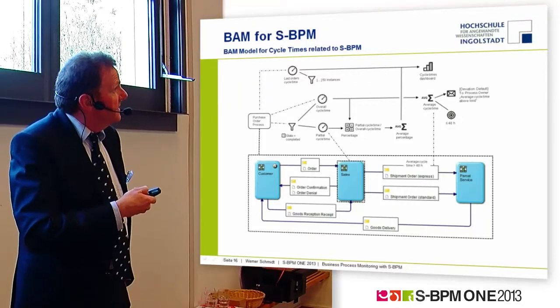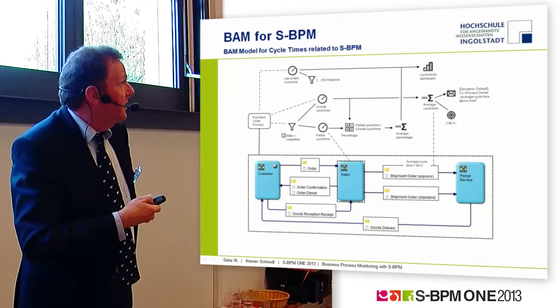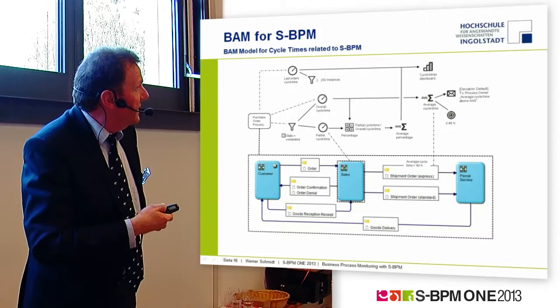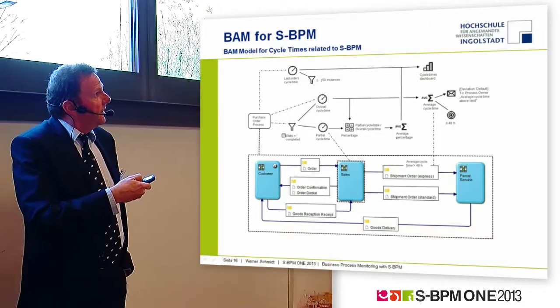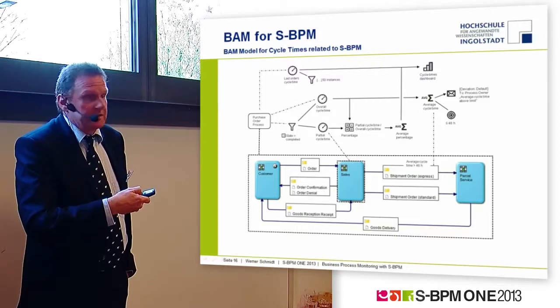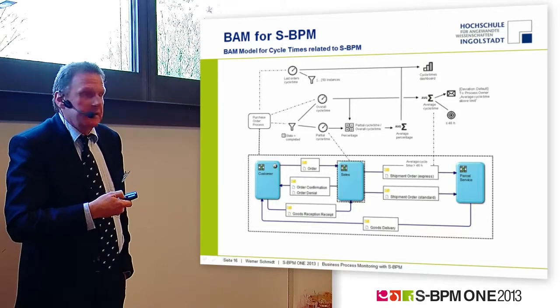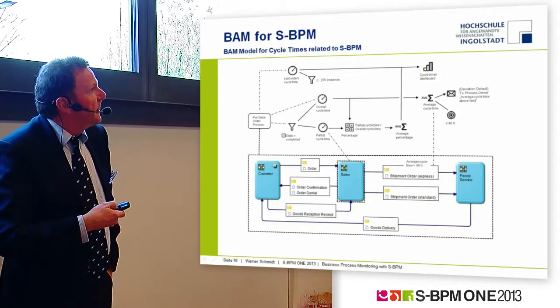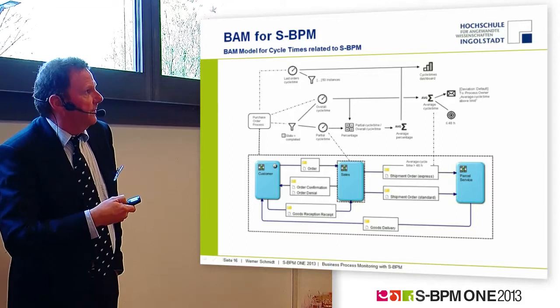And as you can see, this was the part of the company internal process. It's easy to do it here in S-BPM, just attach this definition here to the subject sales, because customer and parcel service are outside our organization. And everything else didn't change.